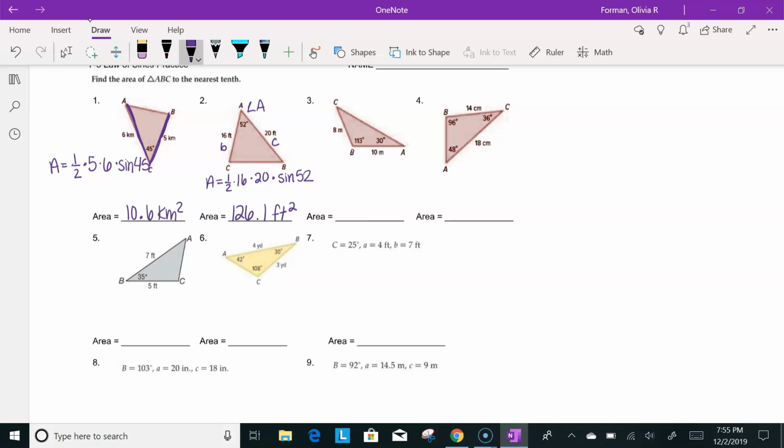Like on number 4, you're using this angle here because that's the one that has that sandwich between those two sides. And for number 3, you're going to be using that angle because that's the one sandwiched between those two sides. So that's just a little hint to get you started right there.